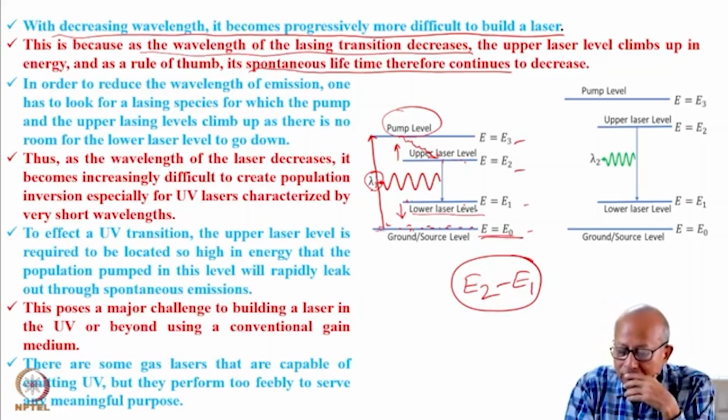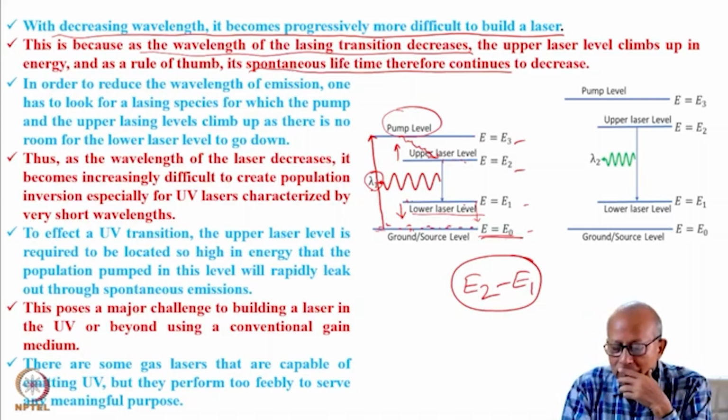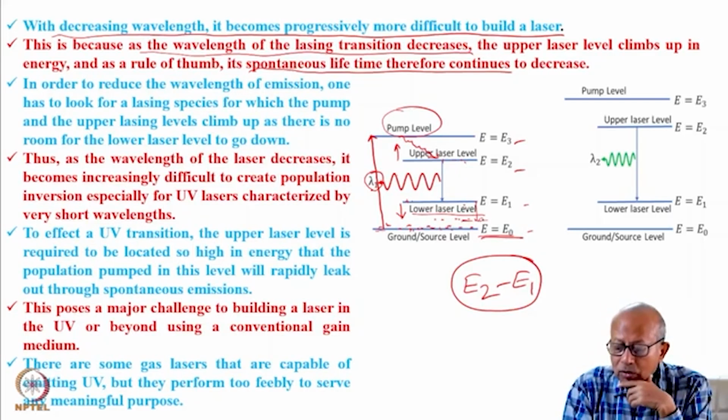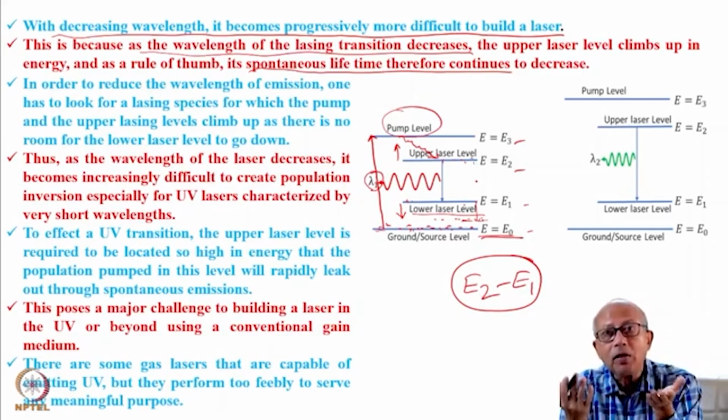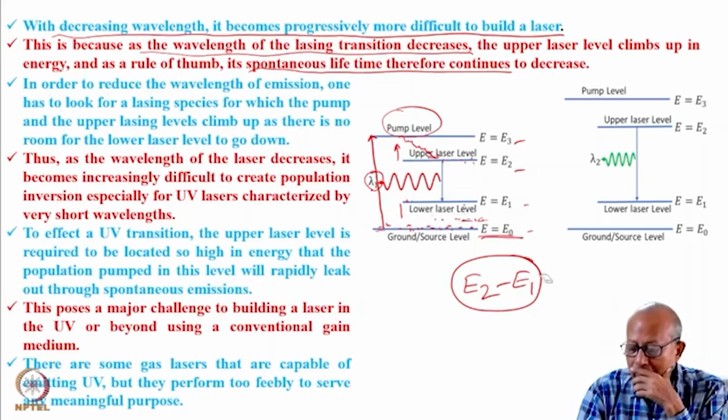And if you try to bring it closer to the ground level, then the Maxwell-Boltzmann distribution will ensure that this level starts getting populated. Some of the population from the ground level would begin to appear here, and this would tend to reduce the population inversion, which will hinder the operation. So this way, reducing the wavelength is not advisable.